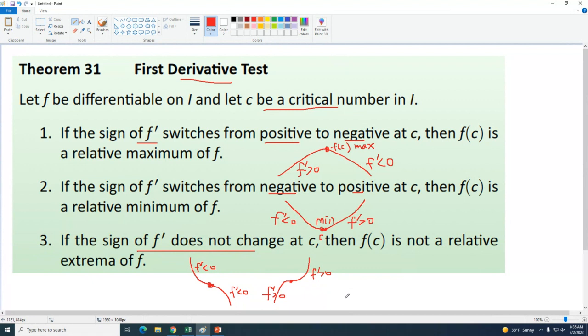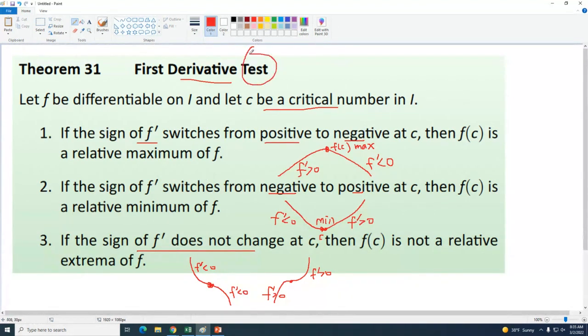But in reality, a lot of times graphing is difficult, especially if you have a complex function. So we want to use the derivative to give us a quicker decision. Analyzing the derivative's value sometimes helps, and that's why we have the first derivative test.